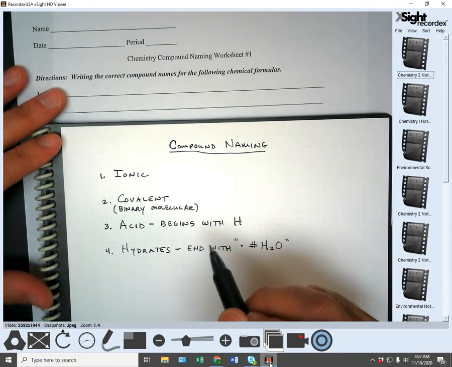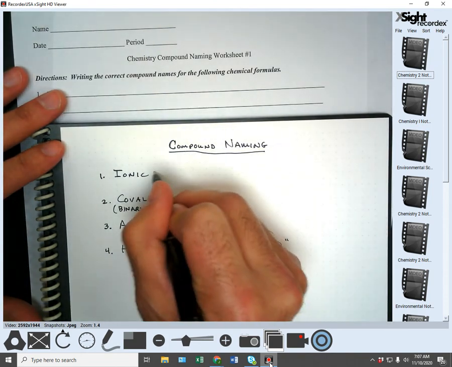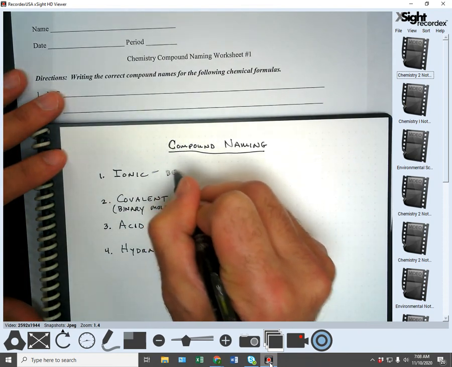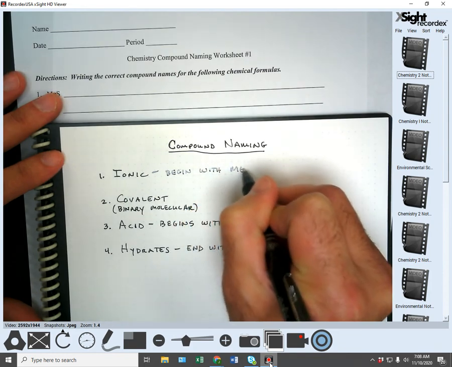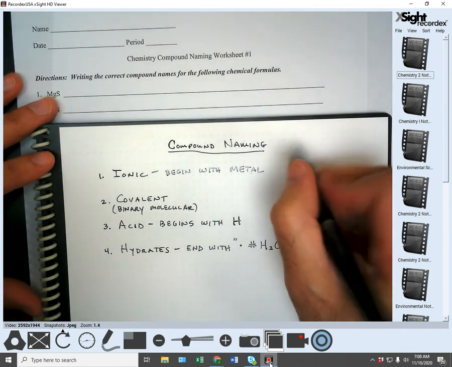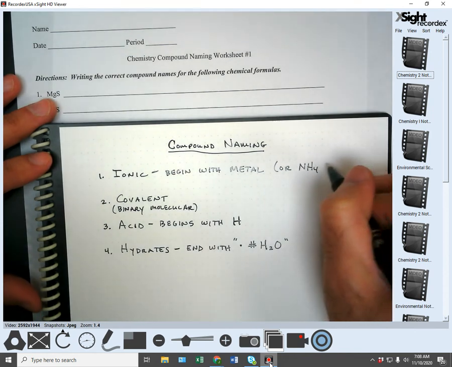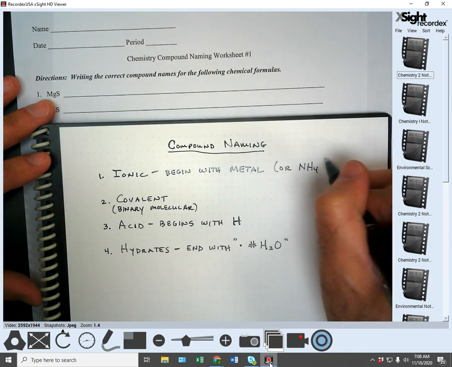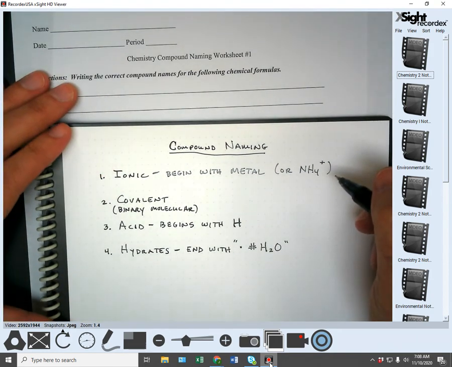Ionic and covalent. Okay. The difference between these two is ionic will begin with a metal or with ammonia, NH4, the positive polyatomic.